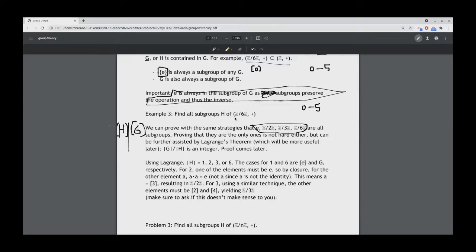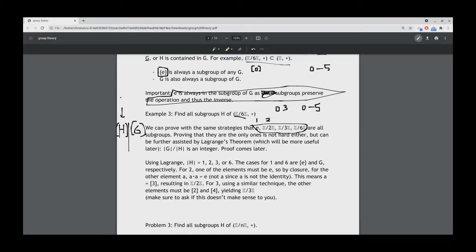So since the order of this is 6, all subgroups have to have either 1, 2, 3, or 6 elements. So we'll start with 1 element. The only possible thing is E, since E must be in the subgroup. If we go for 2, 0 and 3 are really the only choices.